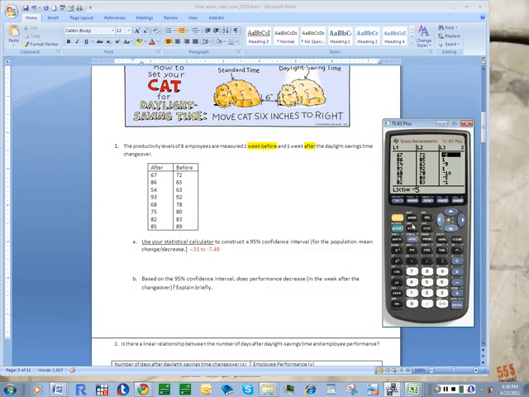And then if I do the interval, it's going to be stat tests t interval. Take it in list 3. You can see that goes from minus 7.49 to minus 0.51. Doesn't make any difference which order you put those in.